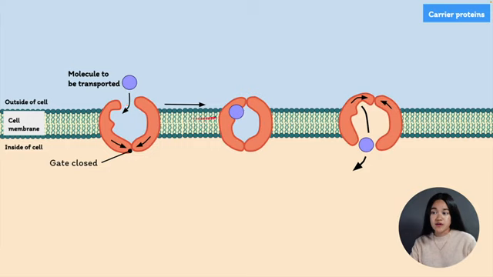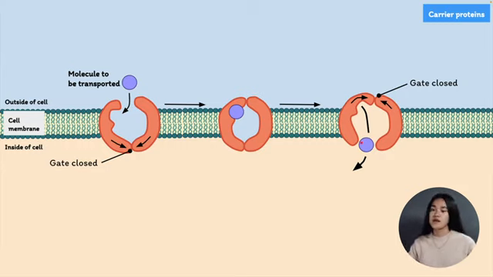This flips the carrier protein so that it is no longer open to the outside of the cell, but now open to the inside of the cell. So the gate is closed to the outside. There's a conformational change here, the shape is changing. This change in conformation allows the solute molecule to move across the membrane and then eventually dissociate from the carrier protein inside the cell.